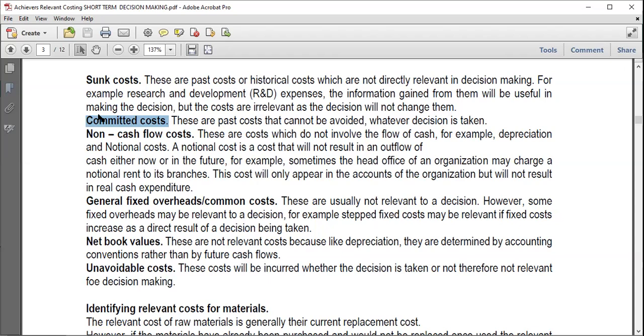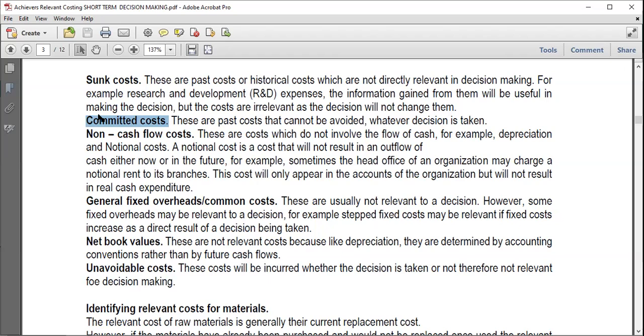So it could be a contract you already signed, or an advance payment you gave. It means that whether you take the decision or not, that cost still needs to be paid. Now, for unavoidable costs, just to distinguish them slightly, a committed cost may be an avoidable cost.